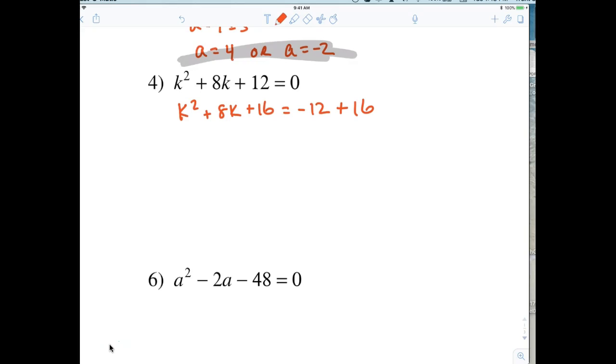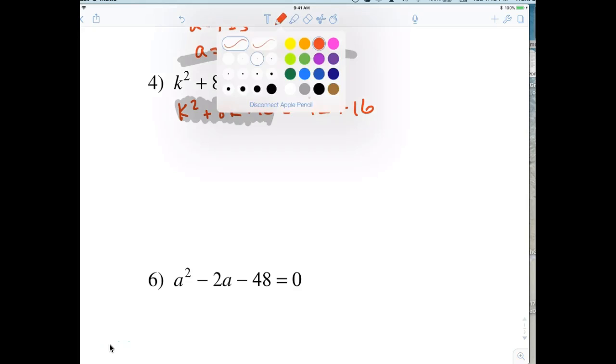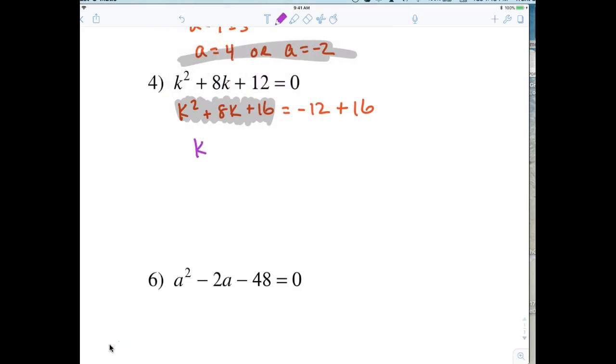Now try to listen to me. This always creates a perfect square, and you don't even have to think about it if you remember that it always factors into whatever the half was. What was half of 8? 4. So it factors into k plus 4 squared equals 4.